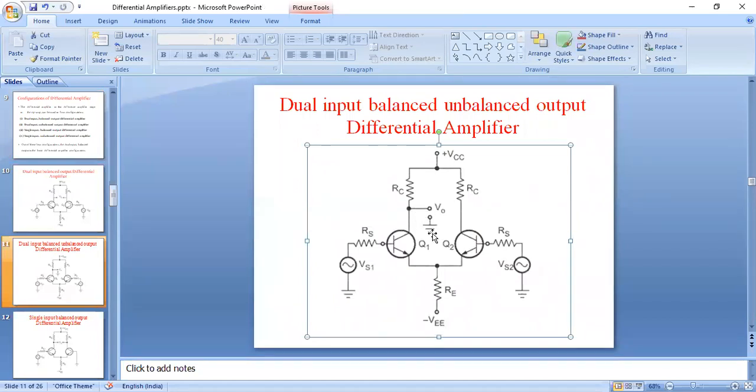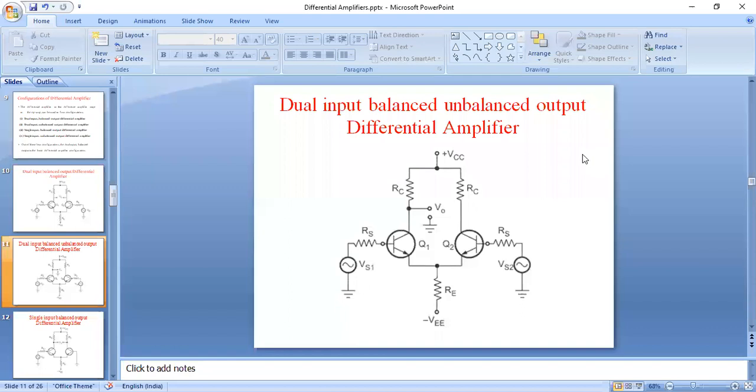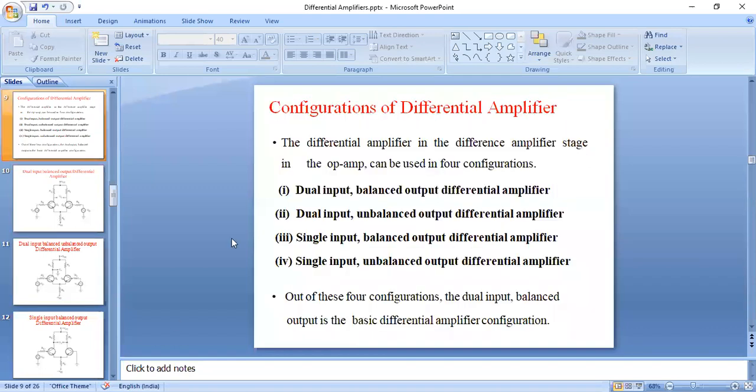It can be either collector, Q1 or Q2, but with respect to ground. That is called unbalanced output or single-ended output. So this is the circuit diagram of the dual input unbalanced output differential amplifier. This is the second configuration.